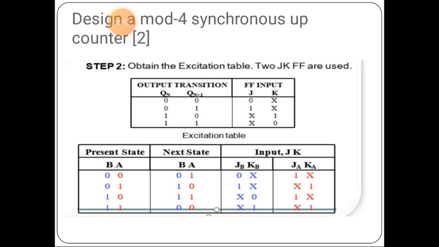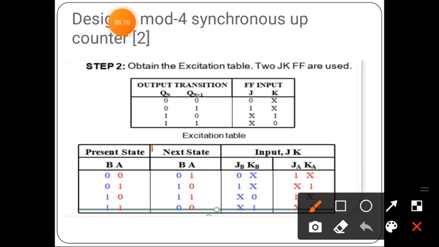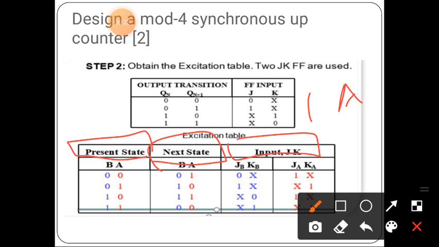Then from that excitation table, two JK flip flops are used here. So here we have the present state, the next state, and the inputs J and K. The present state contains two flip flops, where A represents the first flip flop and B represents the second flip flop.